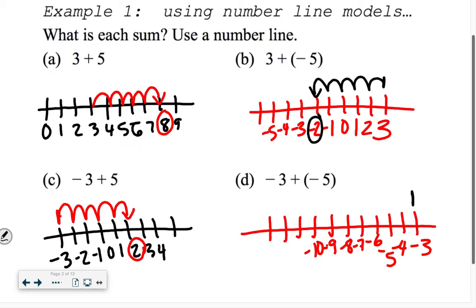But I'm adding a negative, so now I need to turn back around. I need to go opposite of the direction I was facing. So now I'm facing left, and I'm going to go left 5 times. 1, 2, 3, 4, 5. So my answer is negative 8. You notice all these problems had different answers, and it all depends on where the negatives and positives are in the problems.